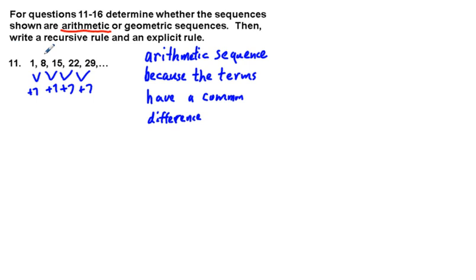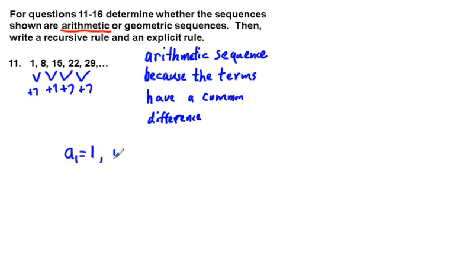Next it says, write a recursive rule and an explicit rule. For a recursive rule, you start out with your first term, which we call a sub 1. This little subscript number means that's the first term, and we just write down what it is. It's 1.